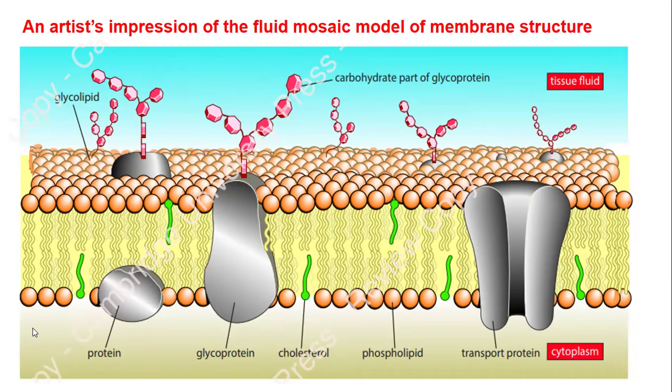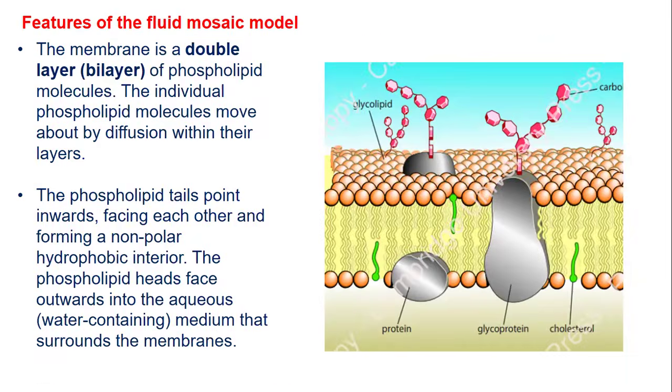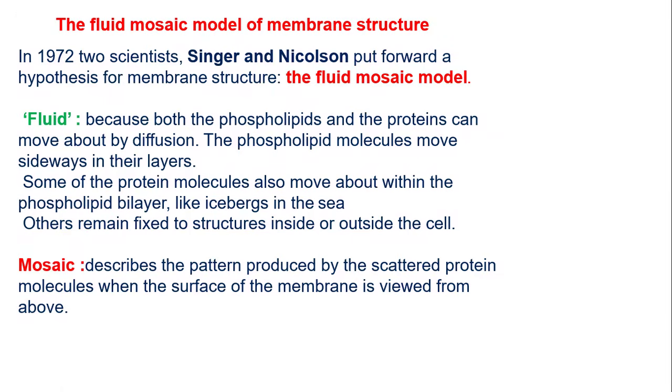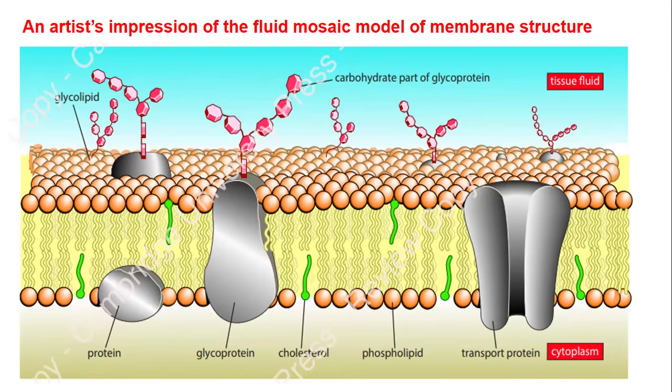So the cell surface membrane is said to be fluid and mosaic. Why fluid? Remember that we have seen that the phospholipids and the proteins can move within that bilayer. They can move in their layers sideways. And one other feature as to why the membranes are described as fluid is because these proteins that are embedded within the membrane can also float about within the layer.